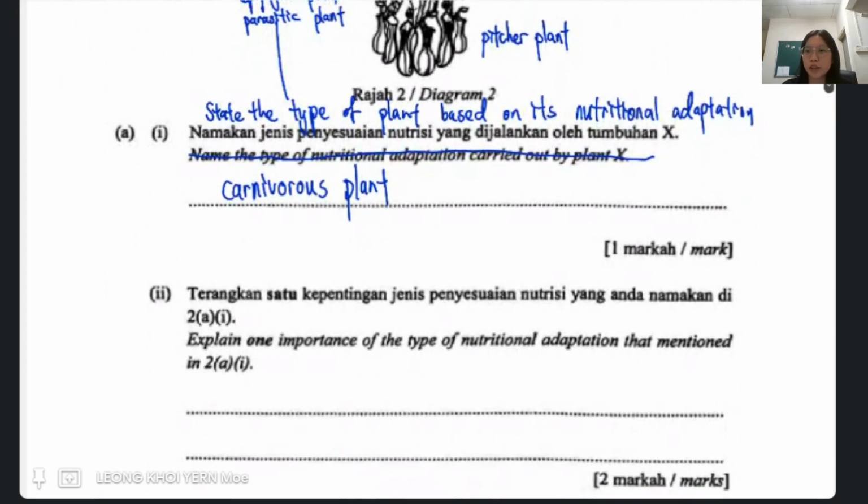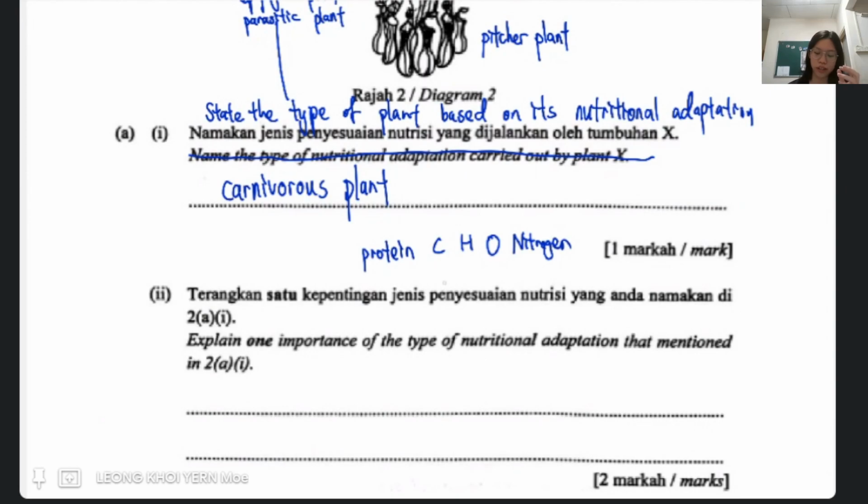So why do you need nitrogen? Do you remember protein? Protein consists of these elements: carbon, hydrogen, oxygen, and nitrogen. Maybe some contain sulfur, but nitrogen is one of the important ones.